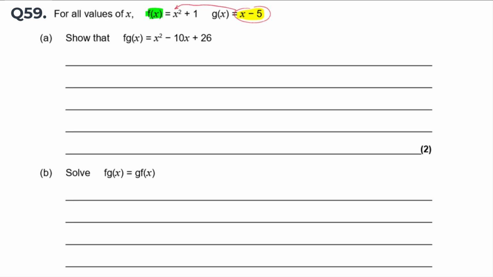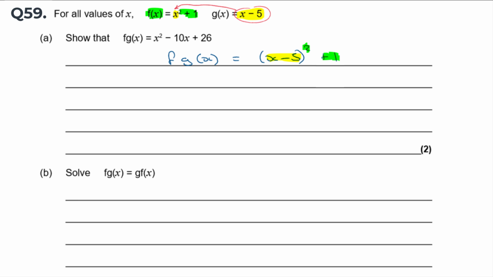So if f of x is equal to x squared plus 1, then f of g of x is going to be taking x minus 5 and replacing that x with it. So that's g of x, and it's going to be inside the rest of the f of x function, which is there, look. Okay? So yeah, that's what we're going to do.